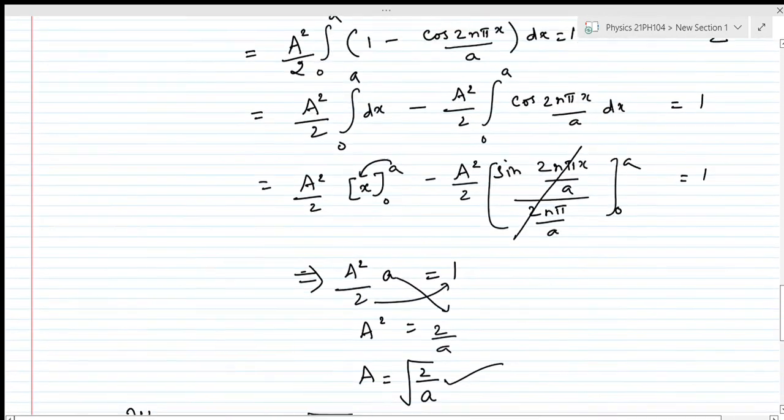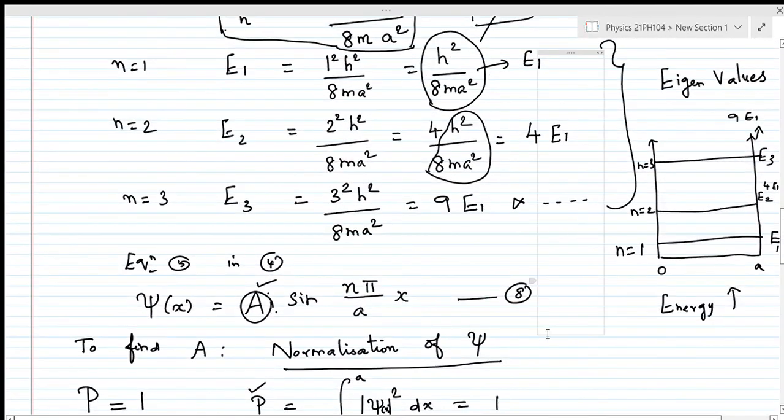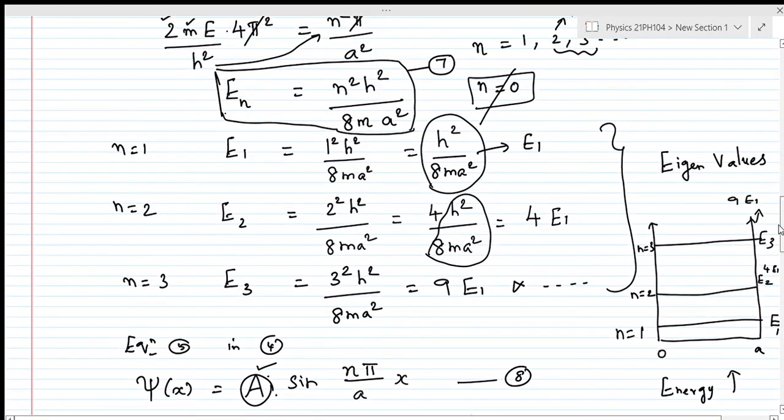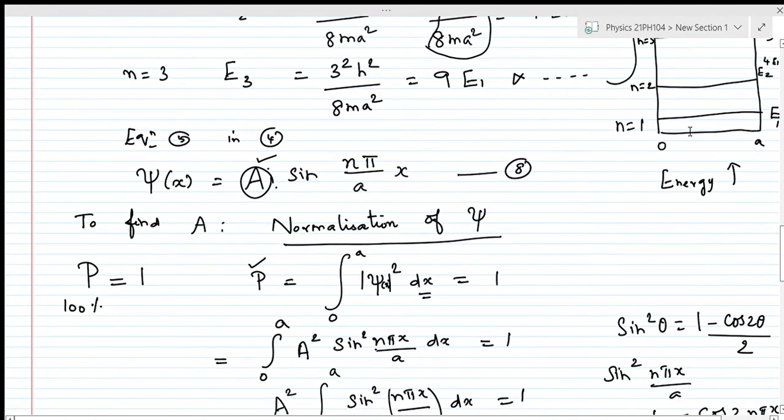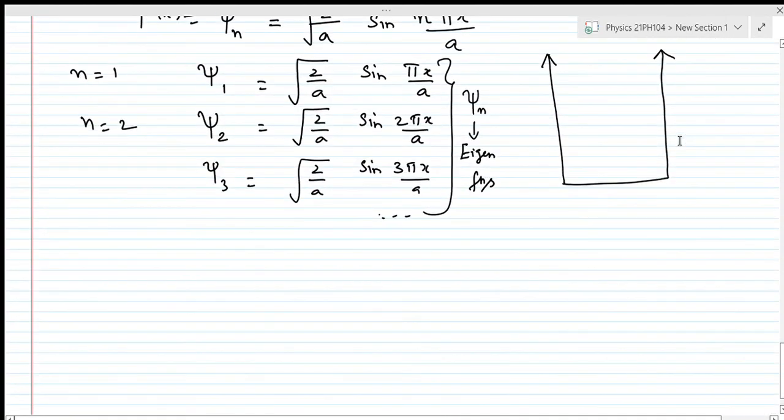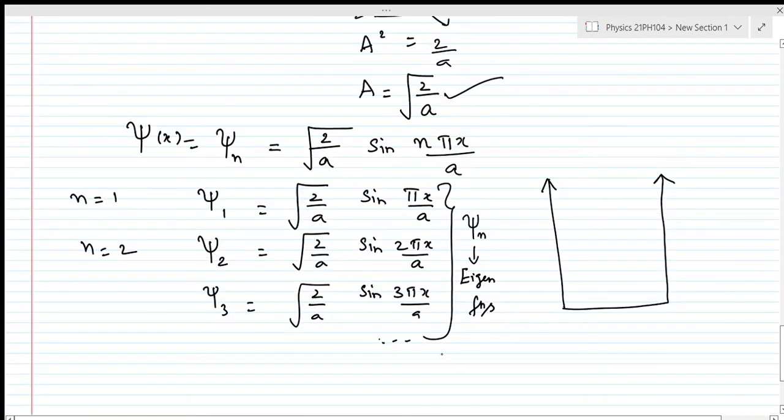Previously, what we have determined is the set of energy values called eigenvalues. Here, the set of energy values E n are eigenvalues, and the set of wave functions are called eigenfunctions. Now consider n is equal to 1. For E1 you will get the wave function psi 1, it is this one.